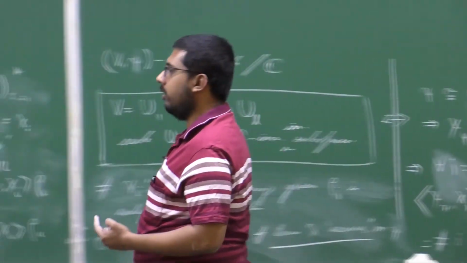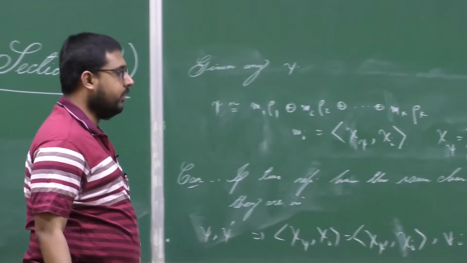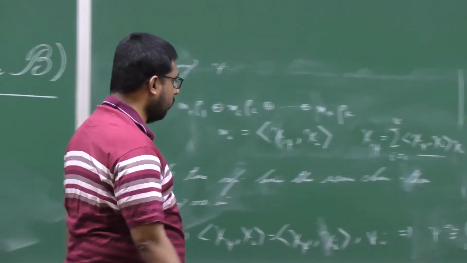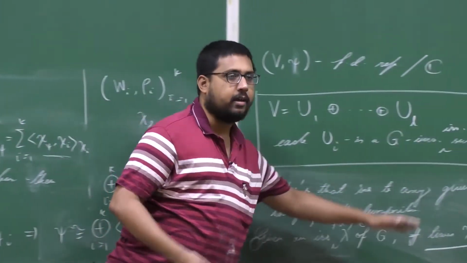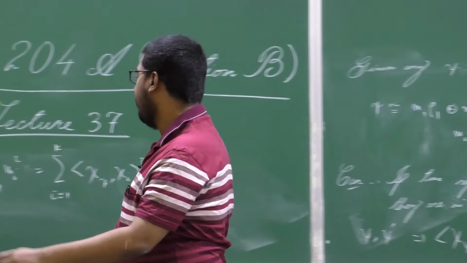So therefore this mi is always a non-negative integer, and in fact that is why it makes sense to call it the number of times that some irreducible representation occurs in a given representation.